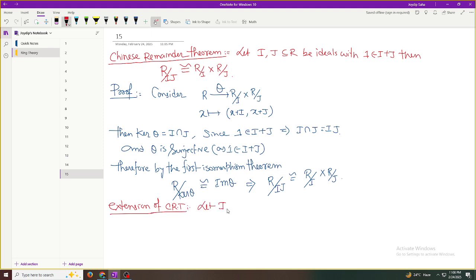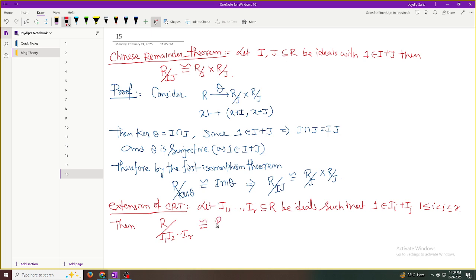Let I1 to IR be ideals such that 1 belongs to Ii plus Ij, 1 less than or equal to i less than j less than or equal to R. Then R mod the product I1 I2 to IR of ideals is isomorphic to R mod I1 cross R mod I2 cross to R mod IR.